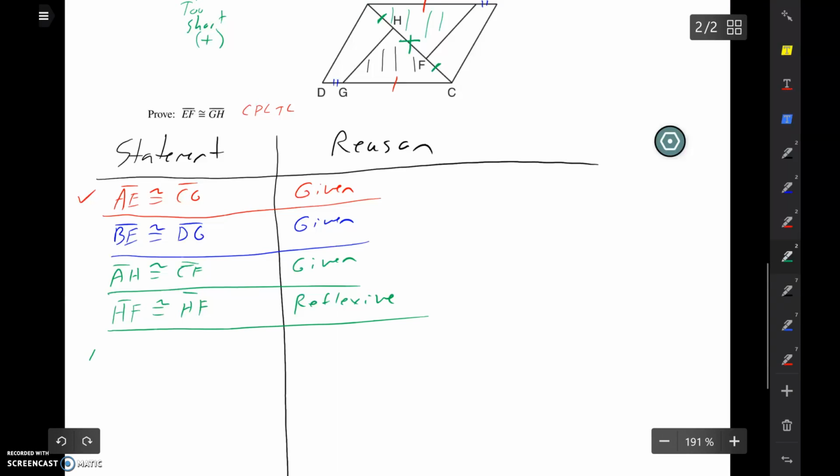And the way I always teach the addition is you add these pieces together and their sum equals these pieces added together. And the result of the addition is AF is congruent to CH. And what we're doing here is called the addition postulate.